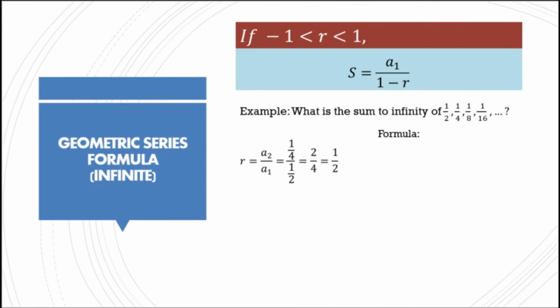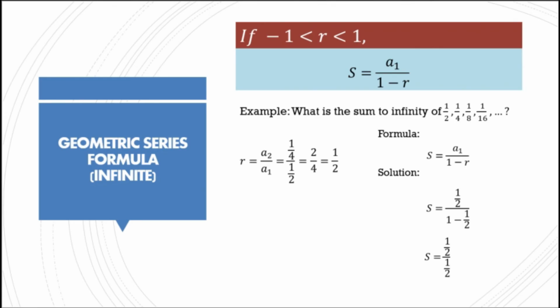Again, our formula for the sum to infinity is S equals a sub 1 over 1 minus r. Substituting the given to the formula, we now have 1/2 over 1 minus 1/2. 1 minus 1/2 is equal to 1/2.